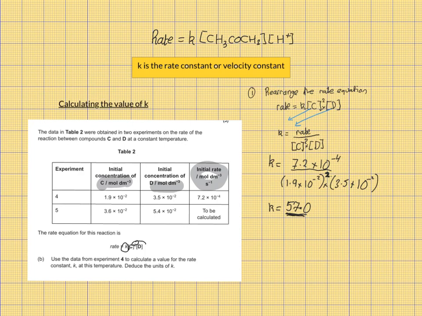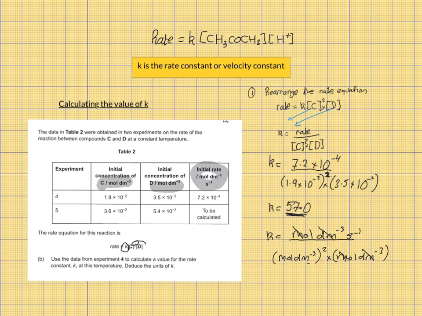So you simply substitute these back into the rate equation. On the top, on the numerator, we've got the units for rate, and then on the denominator, we've got units for concentration. And we can cancel through straight away. But then it still looks a little bit untidy.